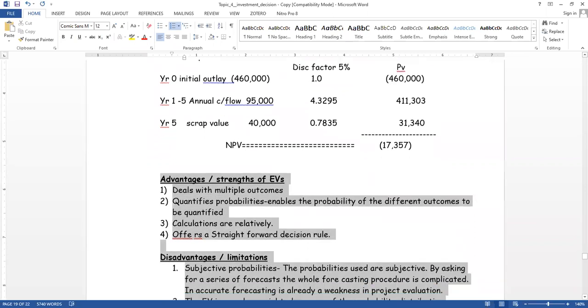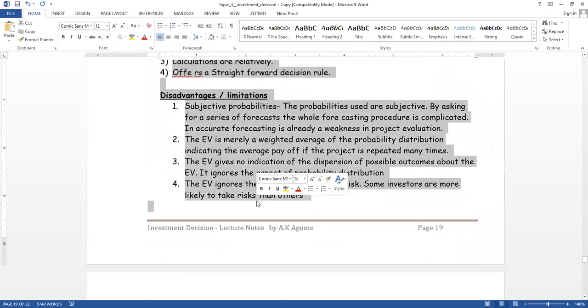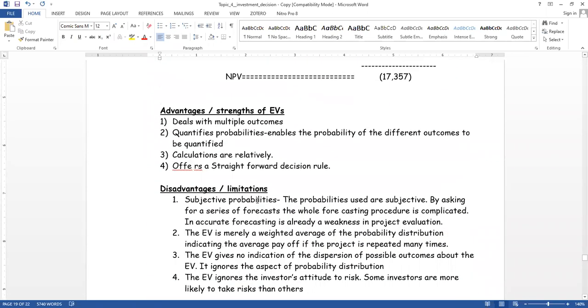Then the advantages and disadvantages of this technique. It deals with multiple outcomes, which is quite different from sensitivity, because with sensitivity, we're looking at one variable at a time. But this one, you can deal with multiple outcomes, especially by assigning probabilities.